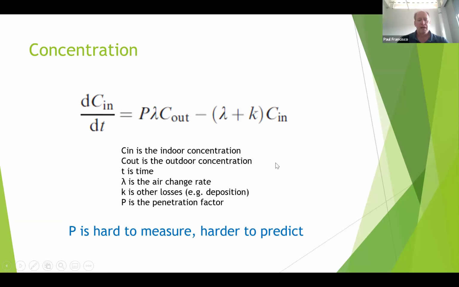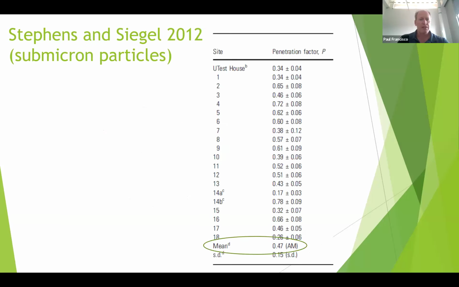Penetration factor is hard to measure. It's even harder to predict, but there are some good studies in the literature, which is what I most wanted to bring forward in this presentation today. And so this is one of them. This was by Brent Stevens and Jeff Siegel, who I know Ellison knows quite well, Tammy.